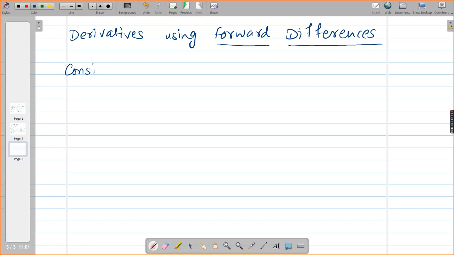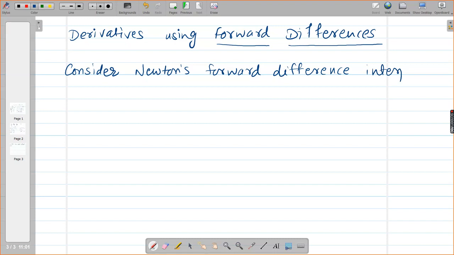Consider, please write with me, Newton's forward difference interpolation formula. Are you writing, girls? Yes, ma'am. As follows.